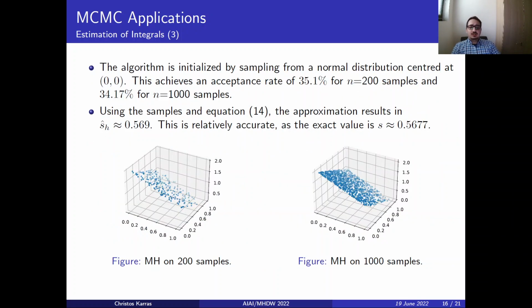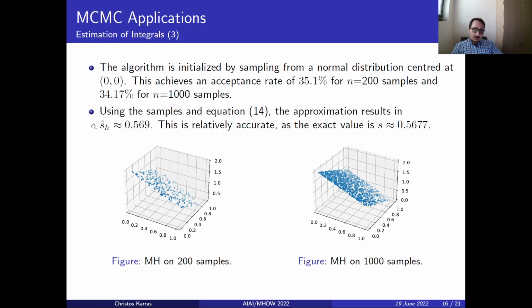We utilize the Metropolis-Hastings algorithm, where the basic idea is to sample from a normal distribution centered at 0.0, and we achieve an acceptance rate of 35.1% for 200 samples and 34% for 1000 samples.